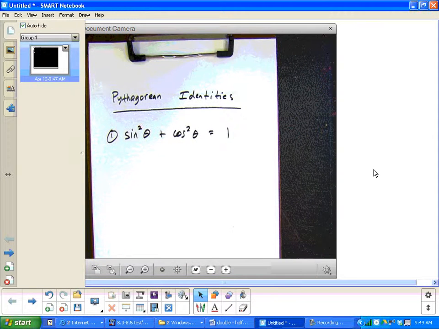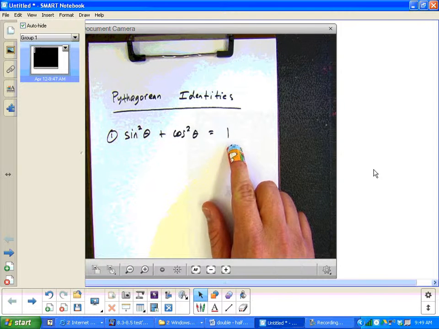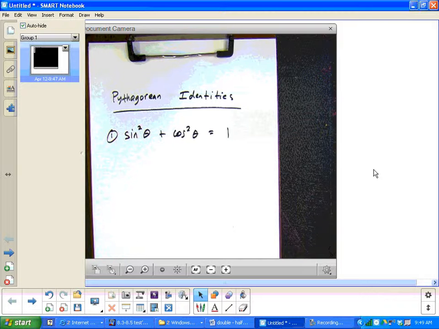You can see that comes from the Pythagorean theorem, and I'm going to use my unit circle here because my unit circle has a radius of 1, and that radius is the hypotenuse of that triangle. That's the main Pythagorean identity you should know.